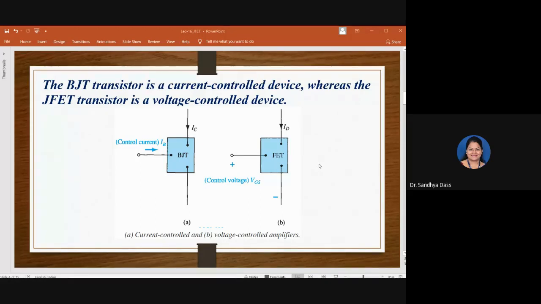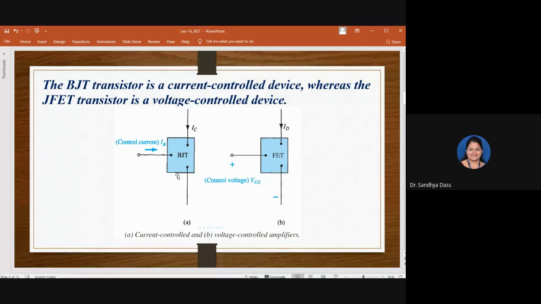One more important point to note here is that the JFET has very high impedance. So in applications where you need high impedance, JFET will be used. But it is not a very good device for amplification like BJT.